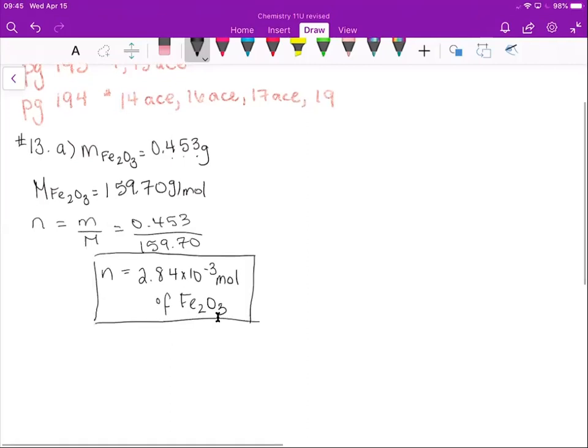Now I'm going to color code my answer key because it does actually help me mark. Oh, I didn't want you guys to do B. Let's do C. 1.24 times 10 to the minus 2 grams of chromium oxide.